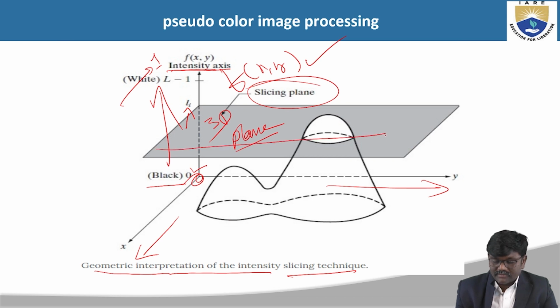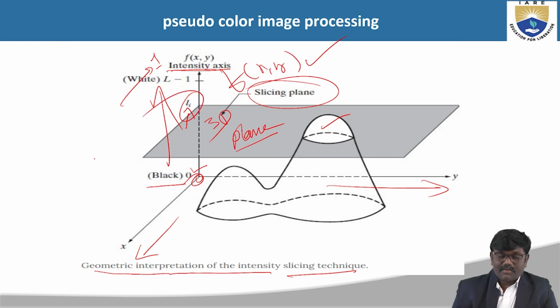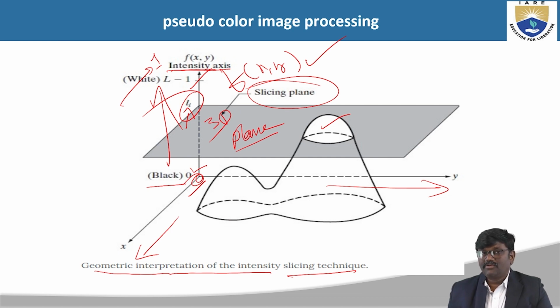That is very important in intensity slicing, based on the values you assign from 0 to your required slicing. While converting grayscale to color, you select according to your requirement, in terms of your target application achievement.